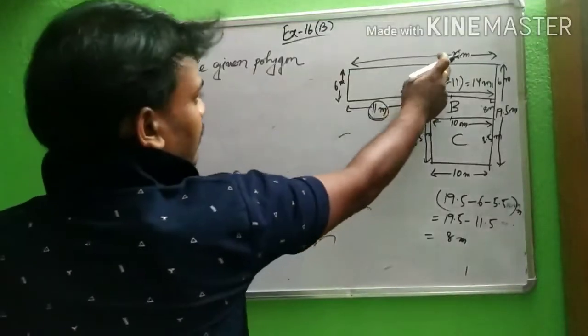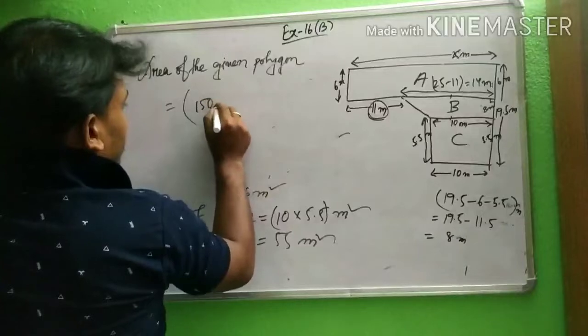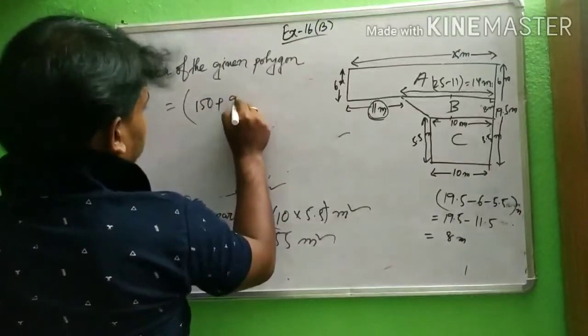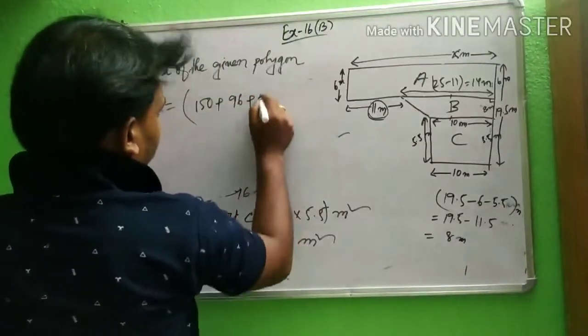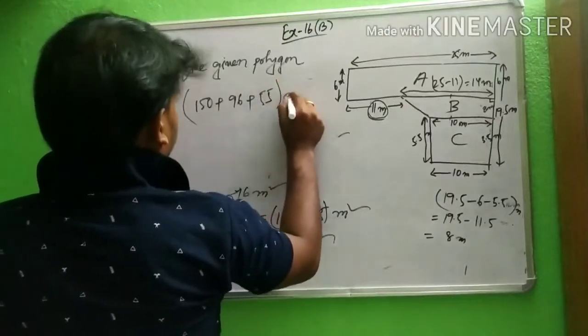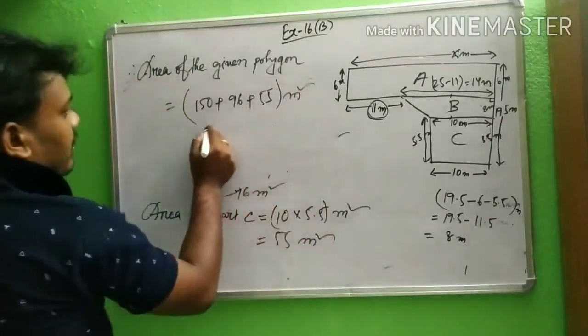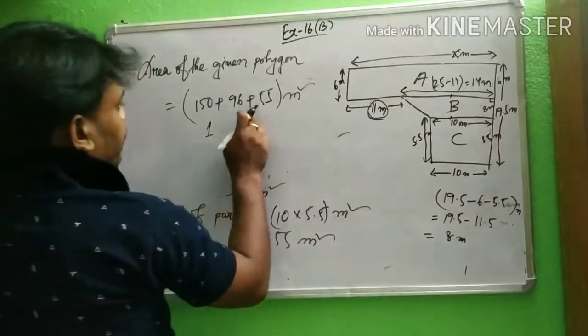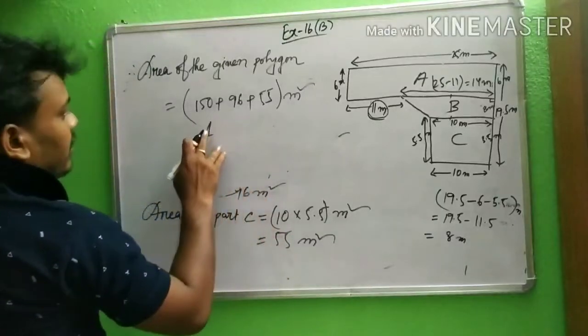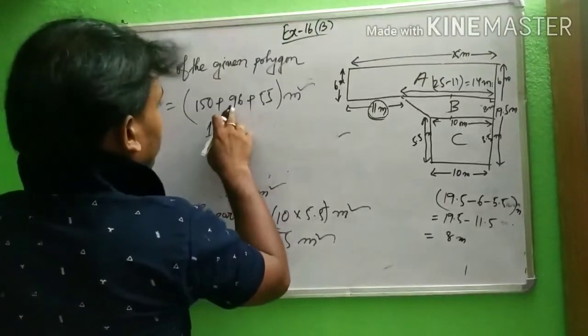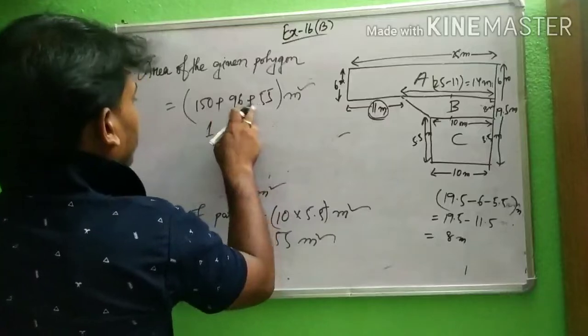First one 150, second one 96, third one 55. So what is the value? 150 plus 96 plus 55 is 301.